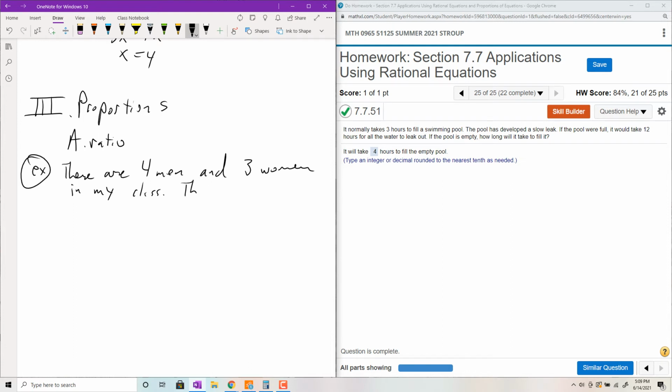So the ratio of men to women is 4 to 3, or 4/3. As a division, it's 4/3. The ratio of women to men then would be 3/4.